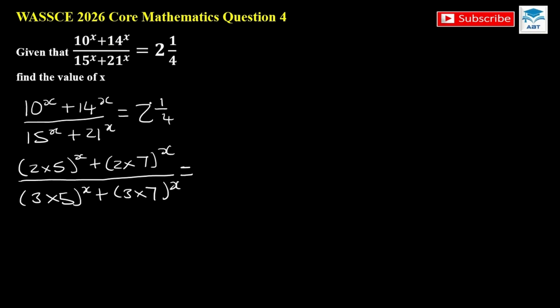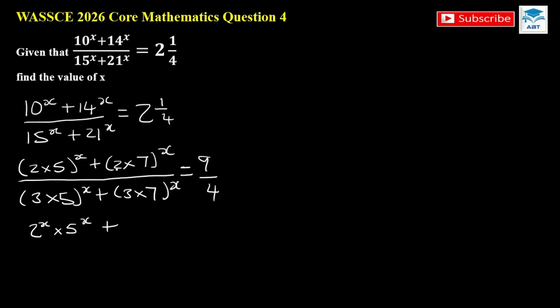Then we change the right hand side to an improper fraction. That is 4 times 2 is 8 plus 1, 9. So we have 9 over 4. If 2 times 5 are all having an exponent of x, the exponent will affect each number in the bracket. So we will have 2^x times 5^x over here.